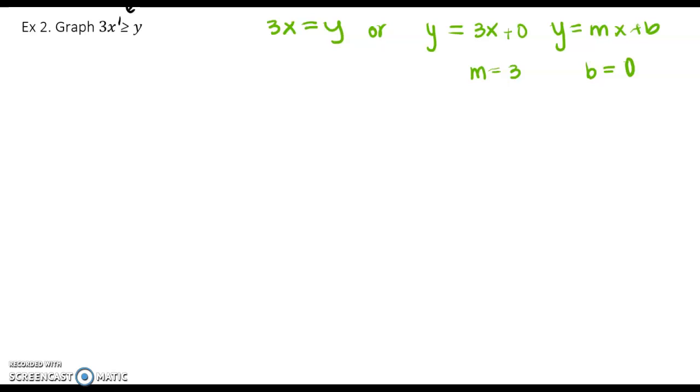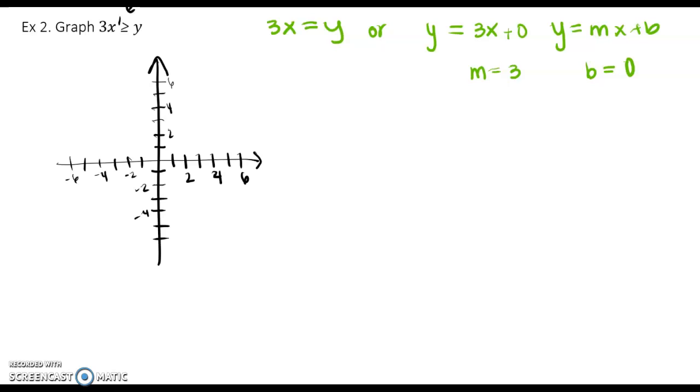So let's go ahead and graph this. My y-intercept, we're going to start off with that, is 0. And then our slope is 3 over 1, and this is rise over run. So we're going to rise 3 and run 1, rise 3 and run 1.